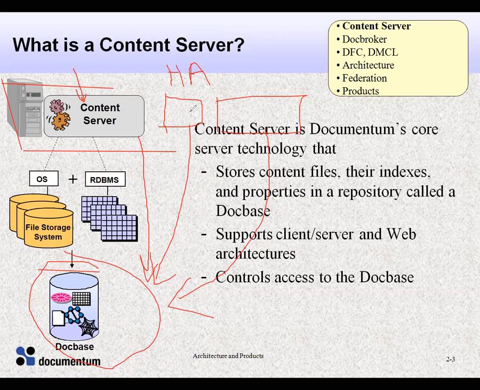Similarly with Documentum, if we want this application up 24 by 7 with no loss of data, we create a higher availability setup. Higher availability means the system is up and running. In higher availability, there are two things. One is load balancing, the distribution of load.